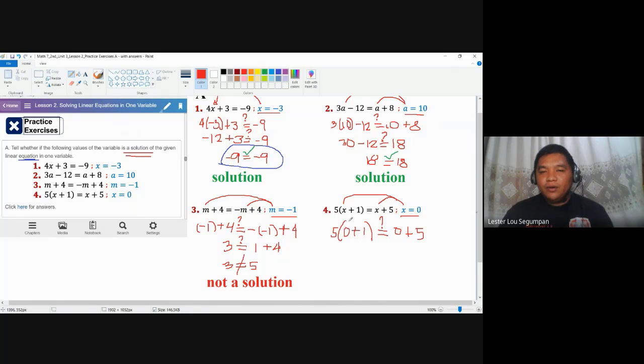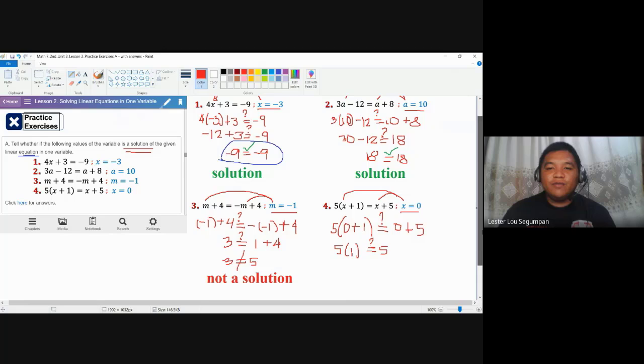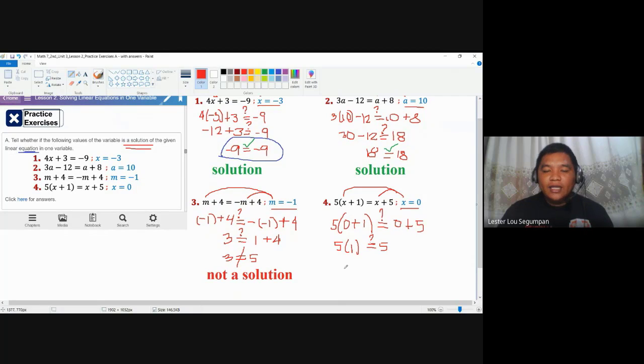You may distribute if you want, but it will be easier to do this because 0 plus 1 is just simply 1. And the other side, 0 plus 5 is just 5. Again, regardless of whether it's too obvious, continue until you reach an expression wherein there are no more grouping symbols, no more things to be added. 5 times 1 is 5. The other side is also 5. They are now equal.